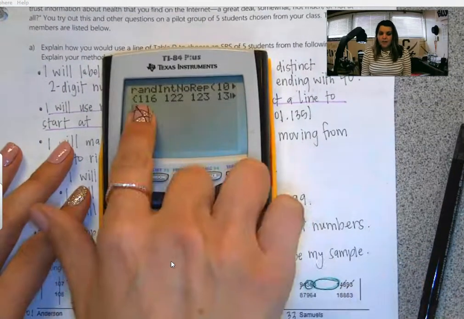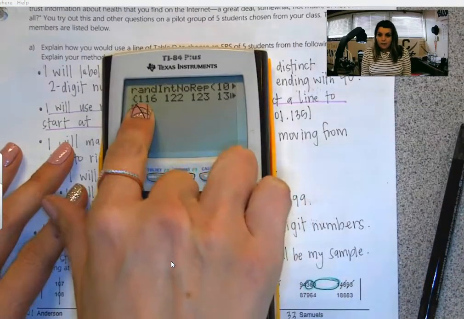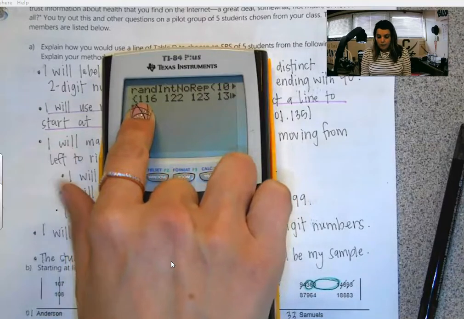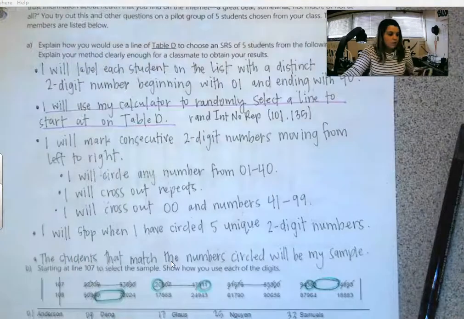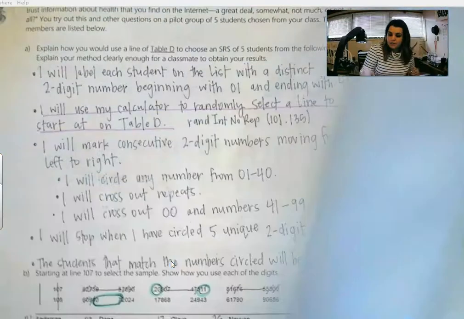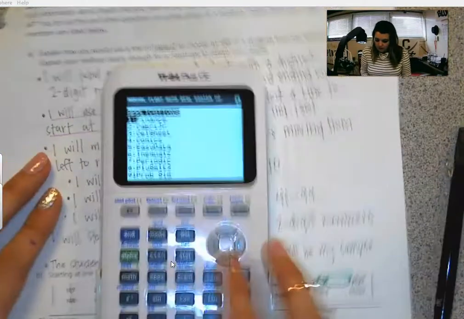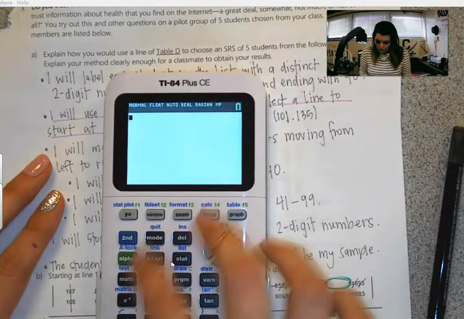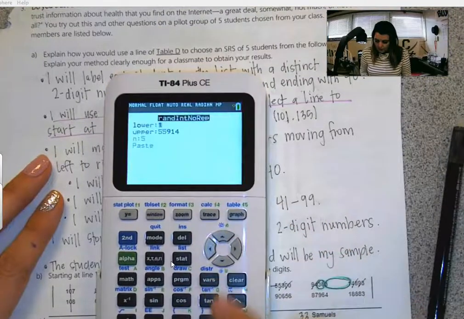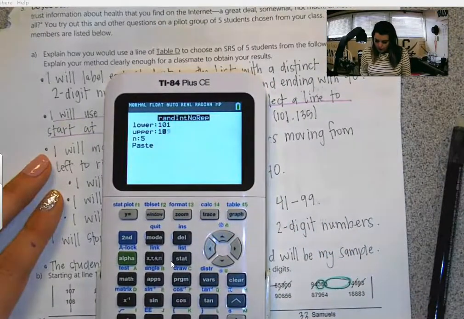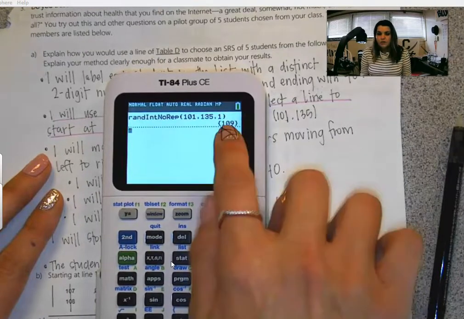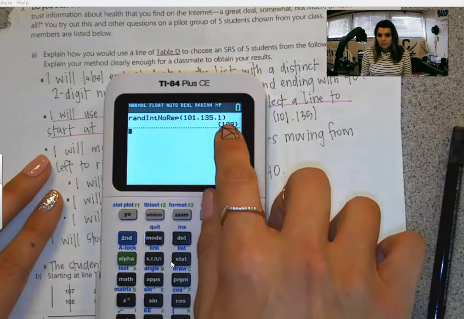This tells me that I would start at line 116. If I have the newer calculator, it's even easier. I go to math, probability, 8, 101, 135. I need one number, so I'll start at line 109.